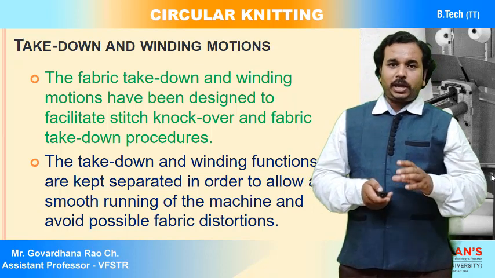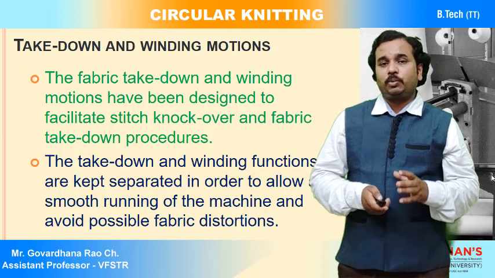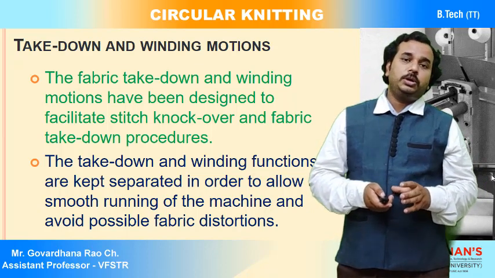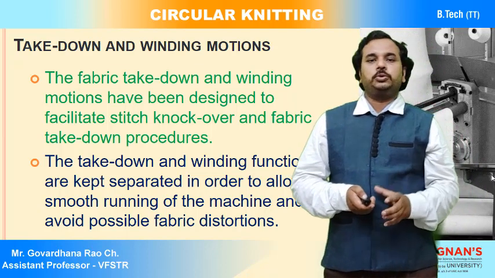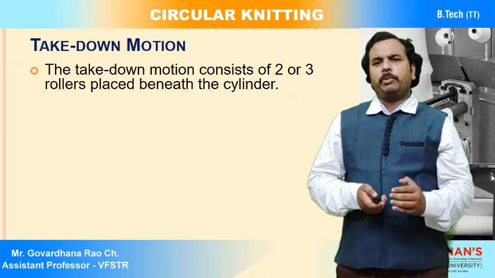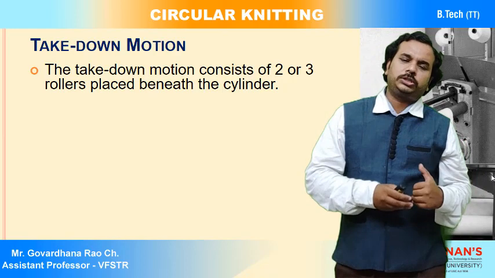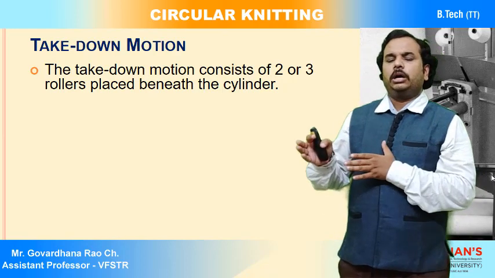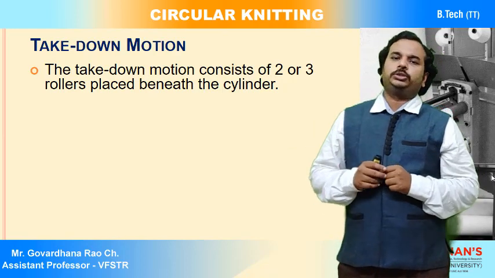That is why the takedown as well as the winding motions are used to wind the cloth into the cloth roller. We'll see that one by one: the takedown motion is separate and the winding motion is separate.